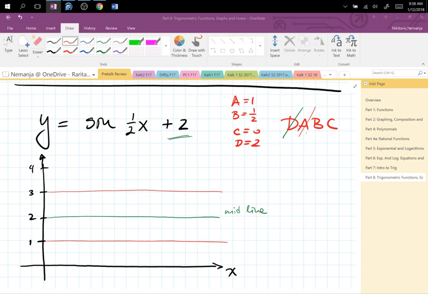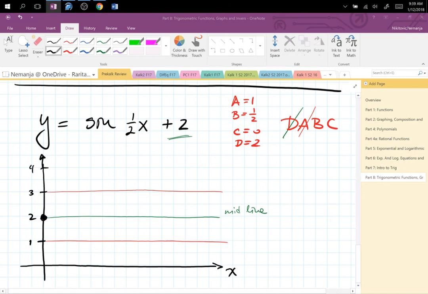And now we get to a situation to figure out this 1/2 x. Now, we immediately notice that there is no C. If there is no C, that means the graph is not shifted left or right, which means the graph still has to start on the y-axis. We know the start point is at 0, 2.